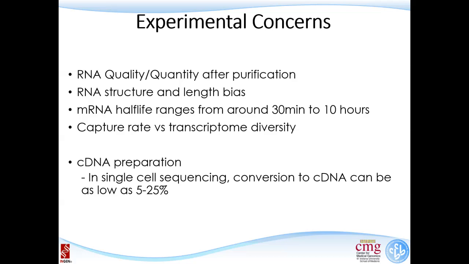So, further experimental concerns that can mess with our downstream analysis. Obviously, we have some RNA quality and quantity issues. It's surprising how often this is actually the limiting factor in a study. We also have RNA structure and length bias, which can prevent us from capturing or quantifying these things accurately. Again, the half-lives can be an issue. And one thing I want to point out is the capture rate versus the diversity.